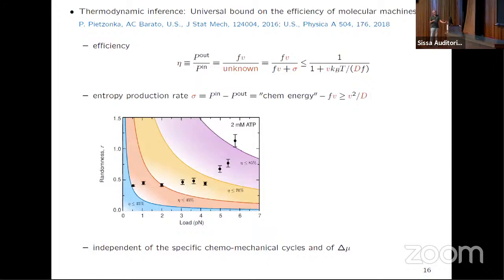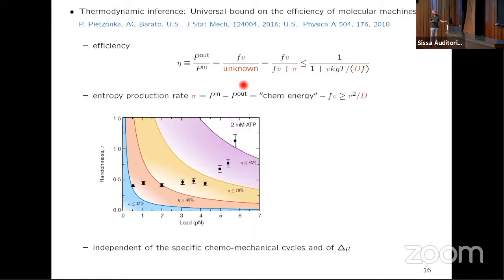Well, we look at the efficiency. Efficiency is output divided by input. Output is the mechanical work, so that's the velocity times the externally imposed force. Input is not known because you do not know how many ATP molecules the motor needs without making a model, and we don't want to make a model. But we know that the difference between input and output is what's lost.